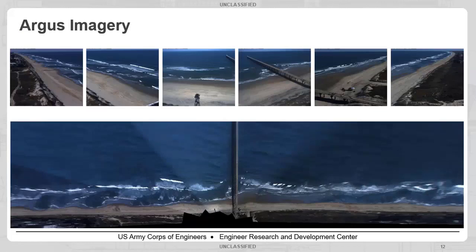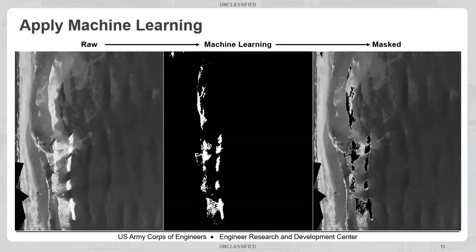Once the imagery has been collected, it was rectified and meshed to give a 1 by 1 meter resolution to give you that product at the bottom. So this is just 6 snapshots up top and then meshed and rectified at the bottom. And then that's done for 17 minutes to create a video of the nearshore at the FRF.